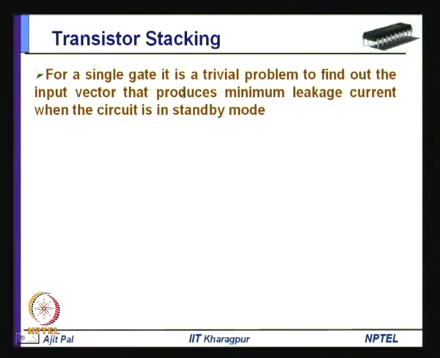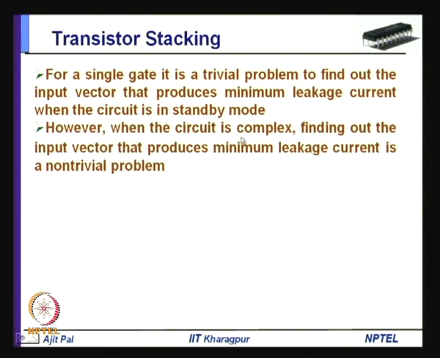How do you find that out? For a single gate, it is a trivial problem to find the input vector that produces minimum leakage current in standby mode. But when the circuit is complex, finding that input vector is a non-trivial problem. In fact, it has been found that it is an NP complete problem.